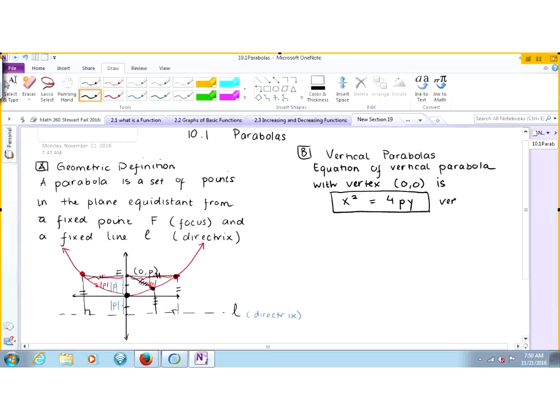So this is vertical. x squared equals 4py.